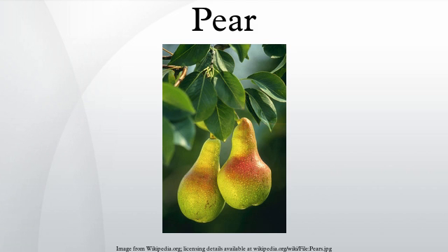Health benefits. Pears are a good source of dietary fiber and a good source of vitamin C. Most of the vitamin C, as well as the dietary fiber, is contained within the skin of the fruit. Pears are less allergenic than many other fruits, and pear juice is therefore sometimes used as the first juice introduced to infants.